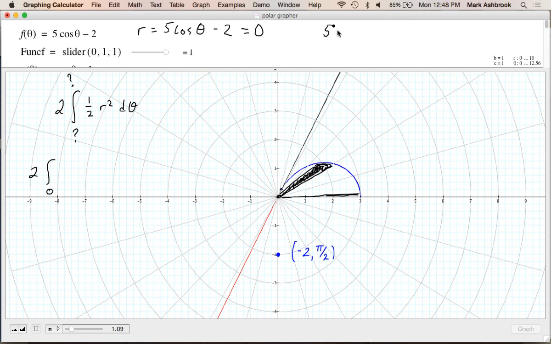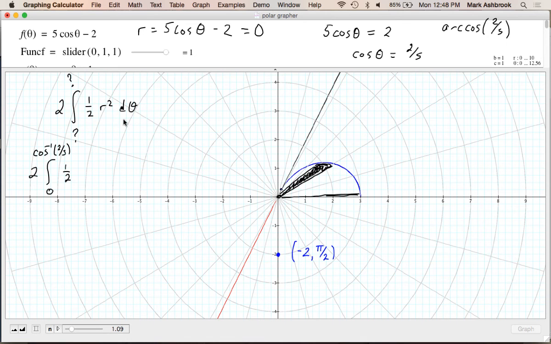So it's going to be cosine theta equals 2/5. So at the arc cosine of 2/5, I'm going to write it this way for room's sake, 1/2.